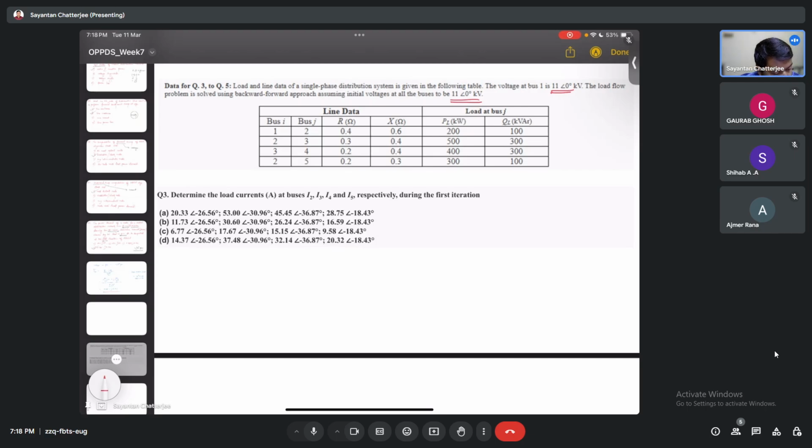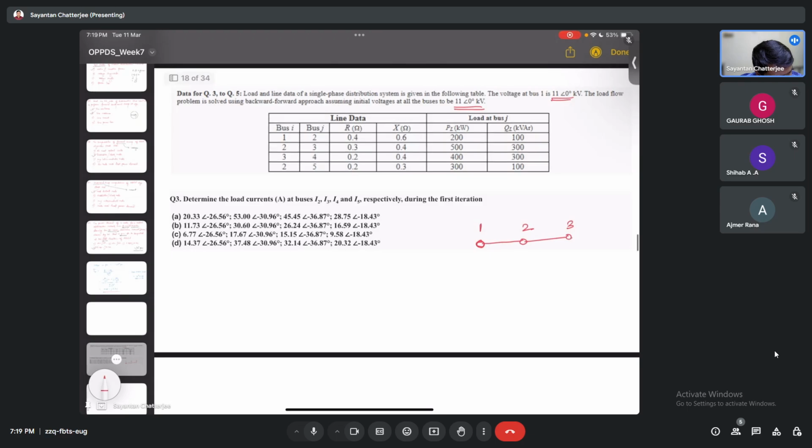Let's draw the connection diagram, considering 1 as the substation node. From 1 to 2 there is a connection. From 2 to 3 there is another one. Then 3 to 4 we have another one, and 2 to 5 there is another one.